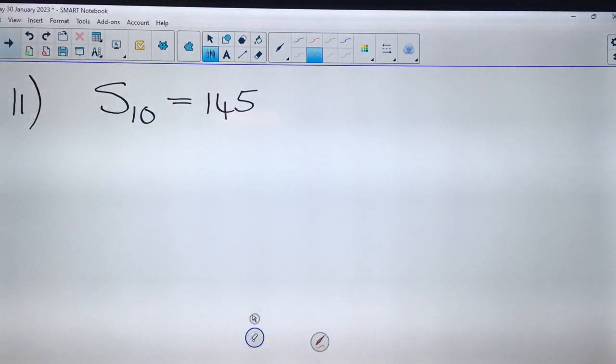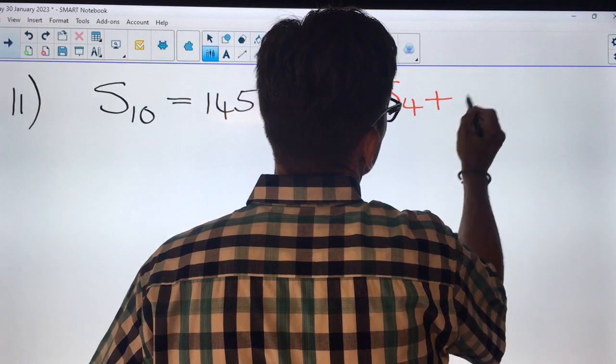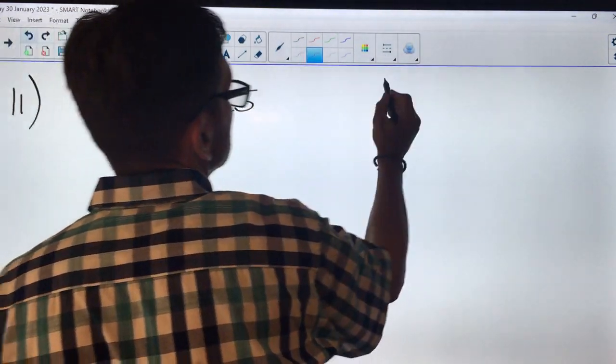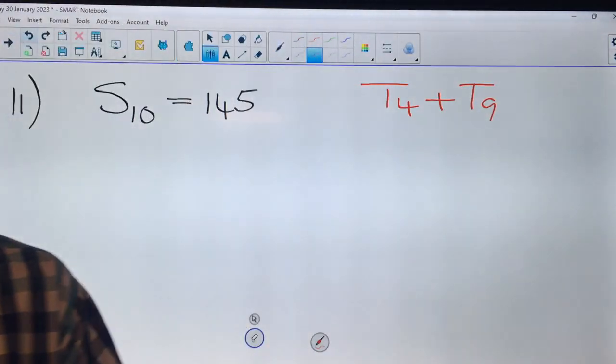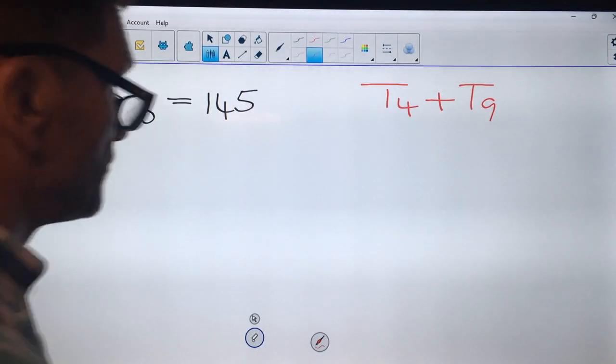Sum of the fourth and the ninth. Oh, no, that's wrong. I'm adding the fourth and the ninth term. I'm not calculating the sum of the fourth term. It is 5 times the third term.